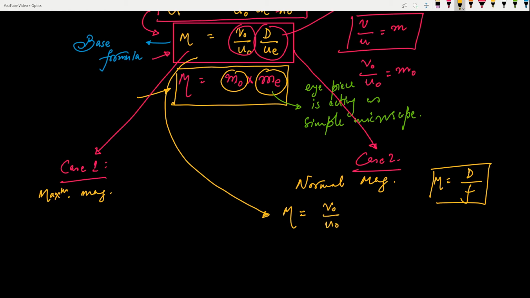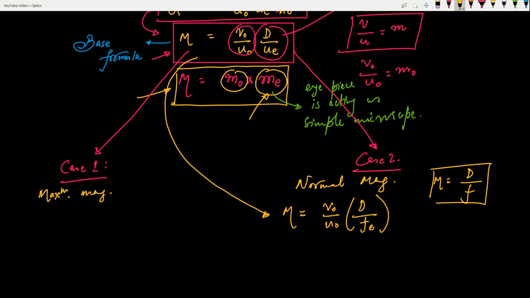We won't touch the magnification of the objective, but since our eyepiece is acting as a simple microscope, we'll use the formula for normal magnification here. So it will turn into D by FE. Instead of UE, we'll be using FE for normal magnification.